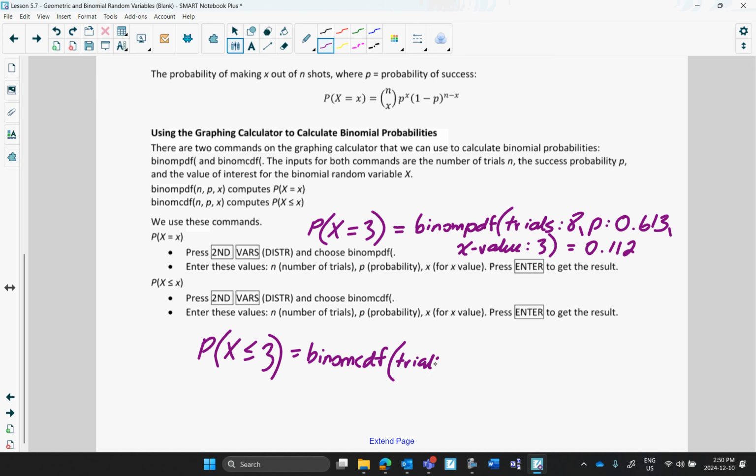Trials, 8. P, 0.613. X value, 3. Do all that.